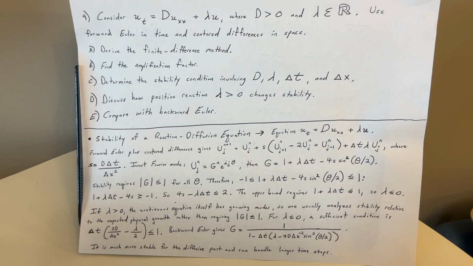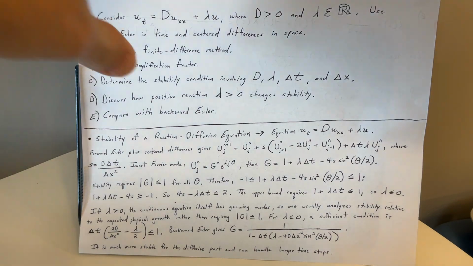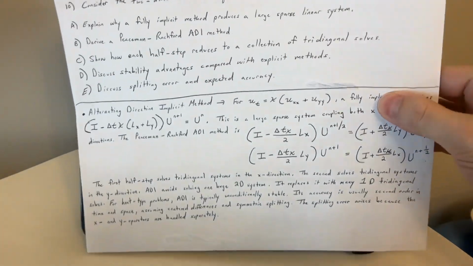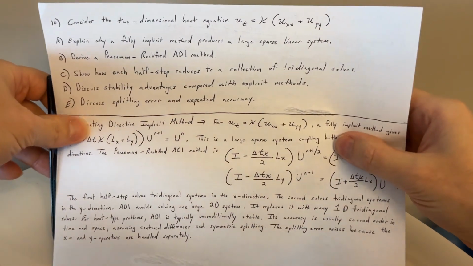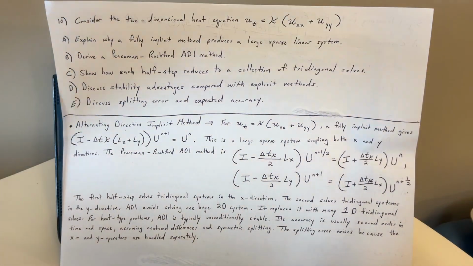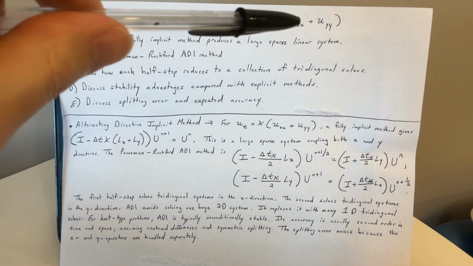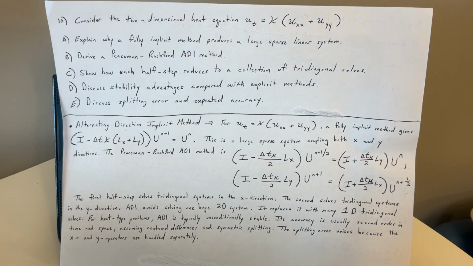Okay, so that's number 9, and moving along to number 10. For number 10, consider the two-dimensional heat equation, u sub t equals kappa (u sub xx plus u sub yy). Parts A through E respectively.